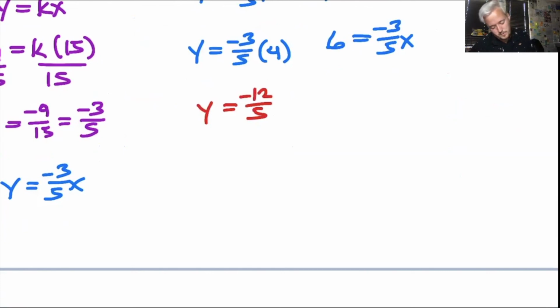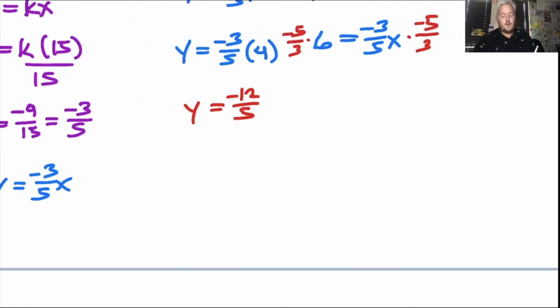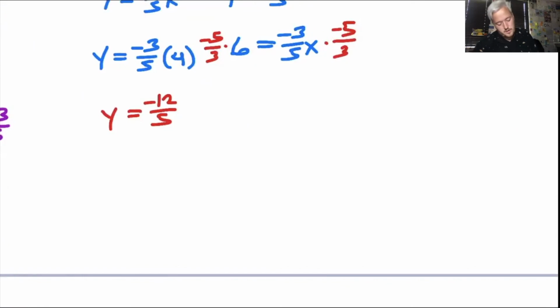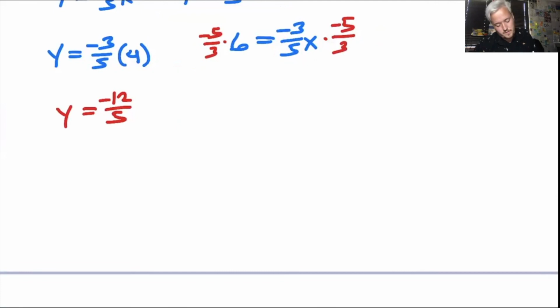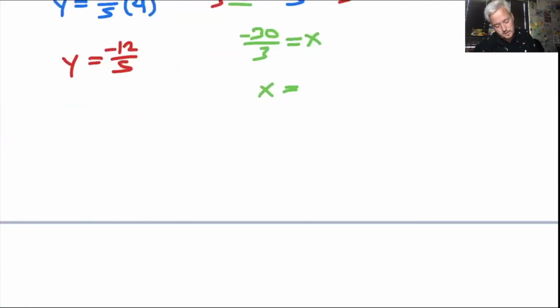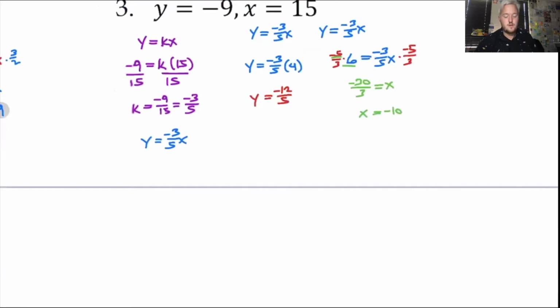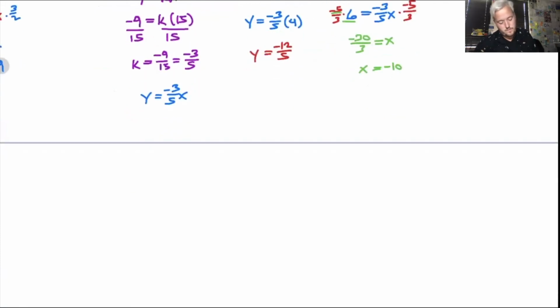Then over here, I'm going to multiply by the opposite reciprocal. So I'm going to multiply negative 5 times 6, which gives me negative 30 over 3. Then you can simplify, so x is negative 10. So those are the three values that we're looking for, the equation and the two corresponding values.